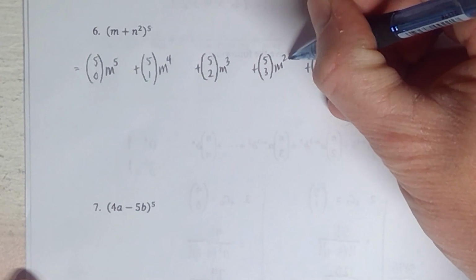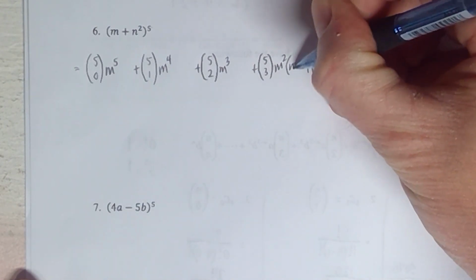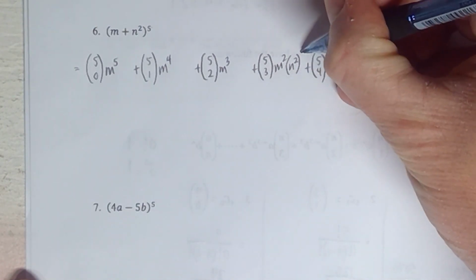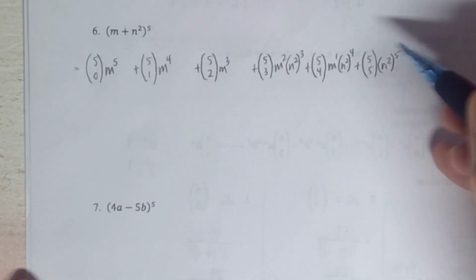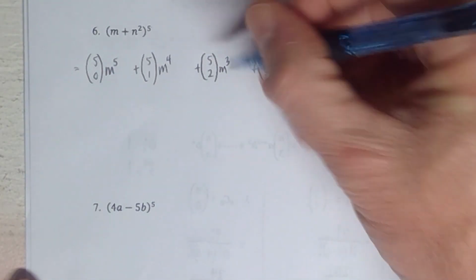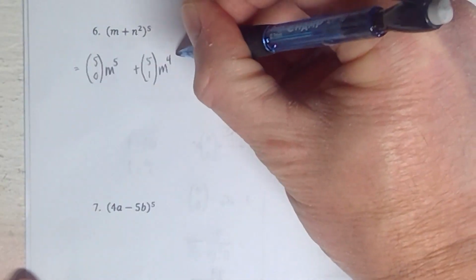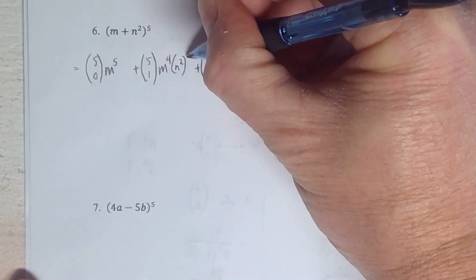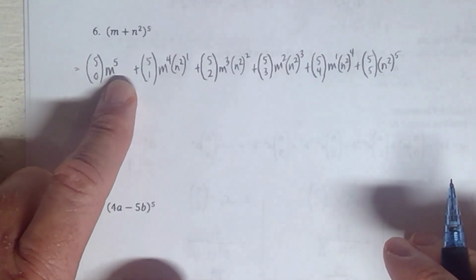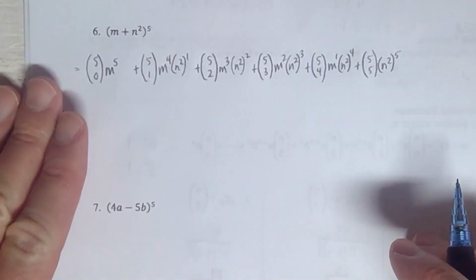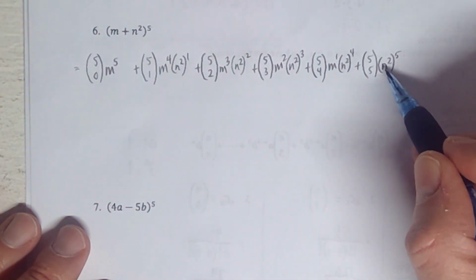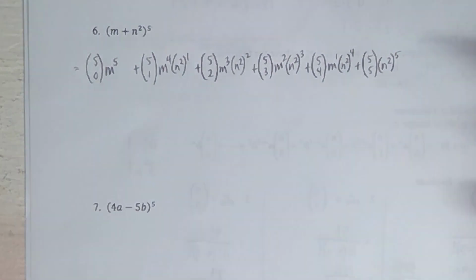So n squared to the fifth, n squared to the fourth, n squared to the third, n squared to the second, n squared to the first, and then no n squared at all. All right, so same process as in the last problem, but you just need to bracket the entire term there.